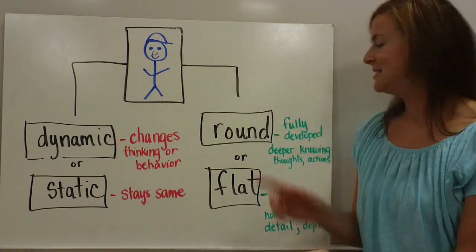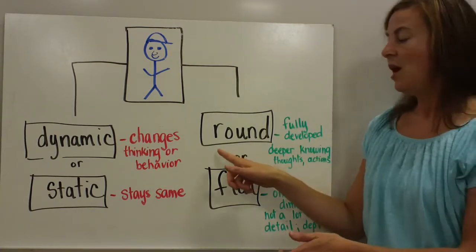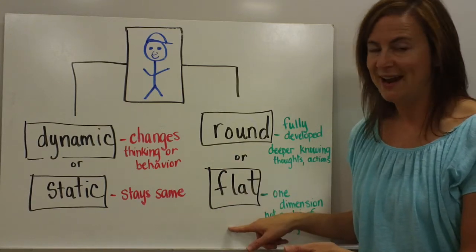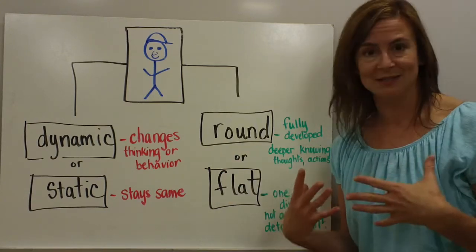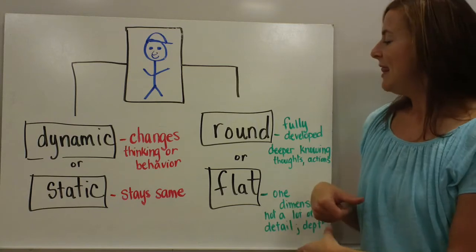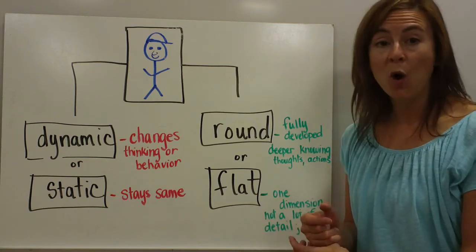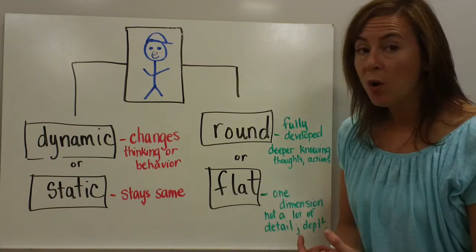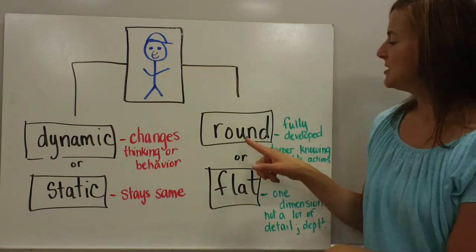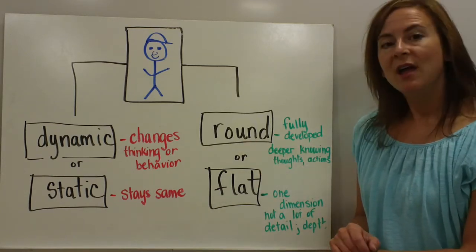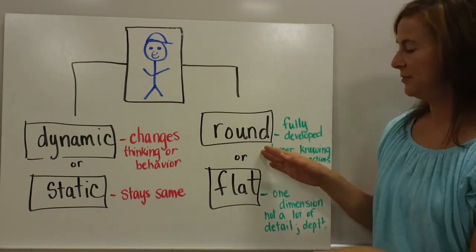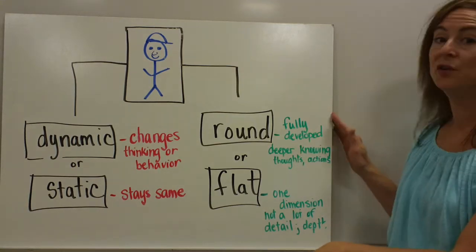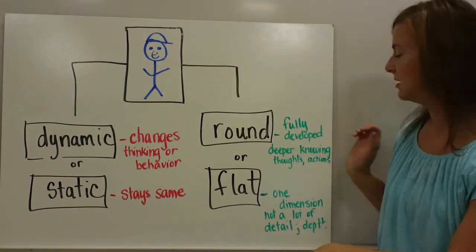On the other hand, 2 other terms, round and flat. Now, these are not physical descriptions. They are talking about how deeply we know the character. Let's start with round characters. If a character is described as round, that means the author has fully developed this character.